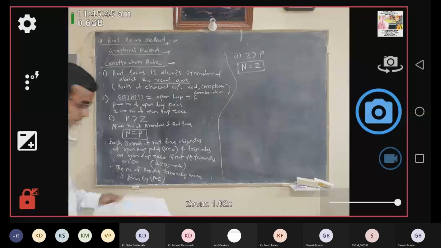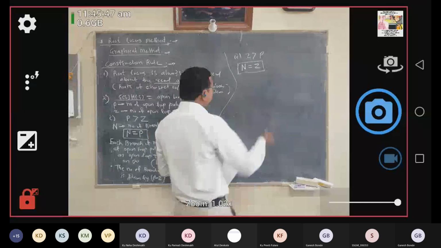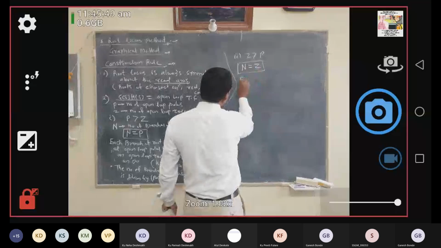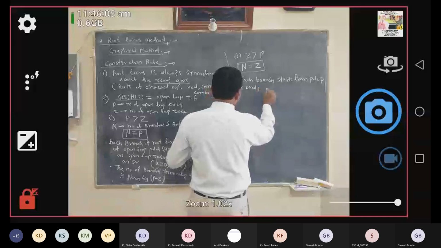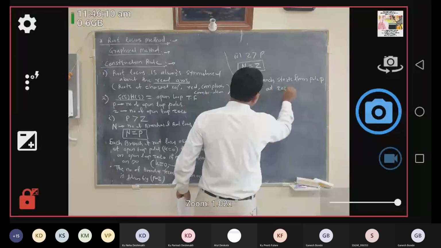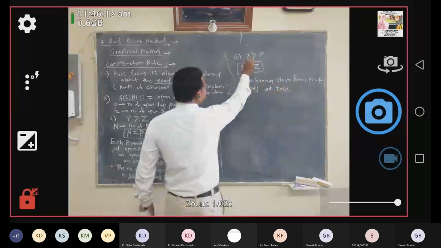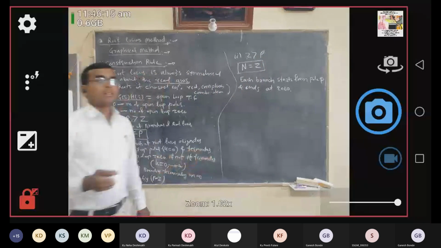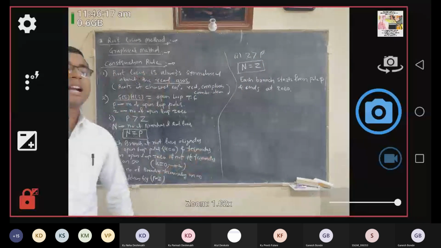So write down here: when Z is greater than P, each branch starts from pole P and ends at zero. But as Z is greater than P, Z minus P branches never start at a pole.